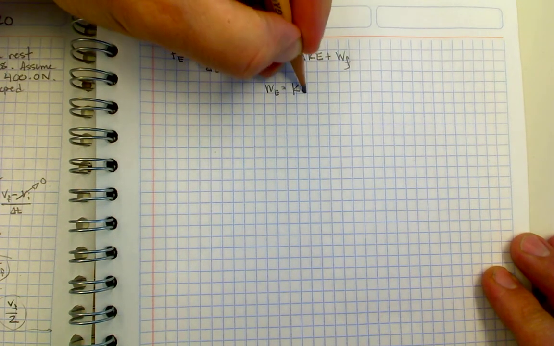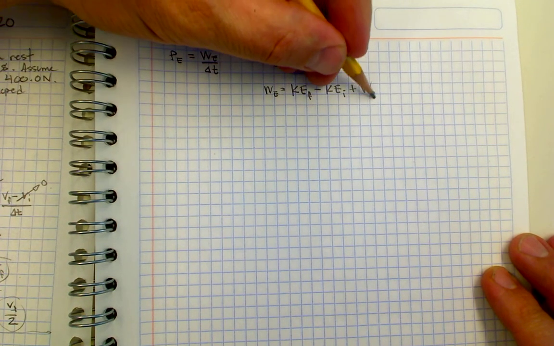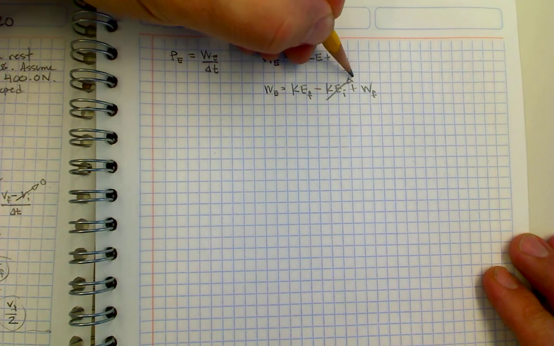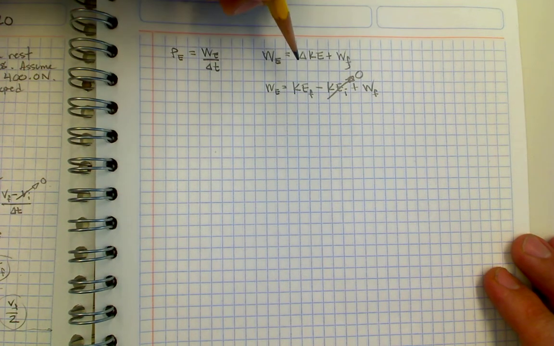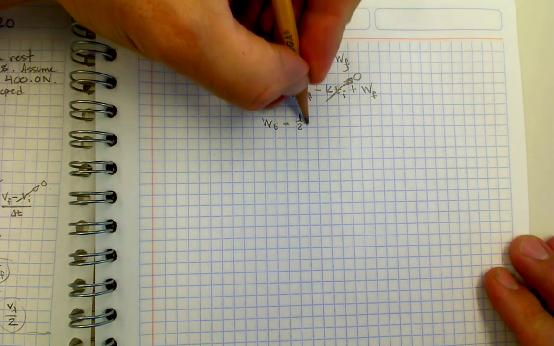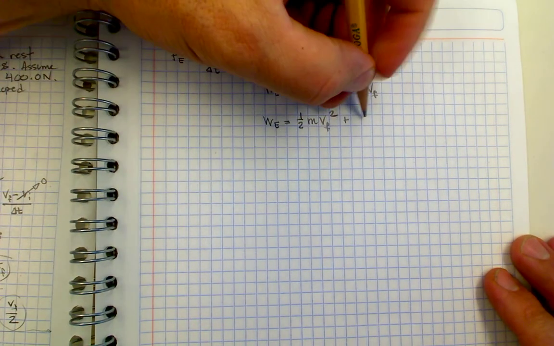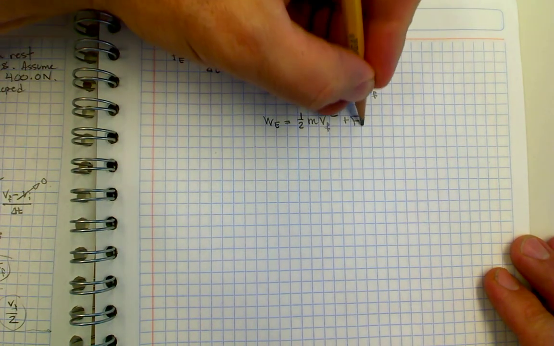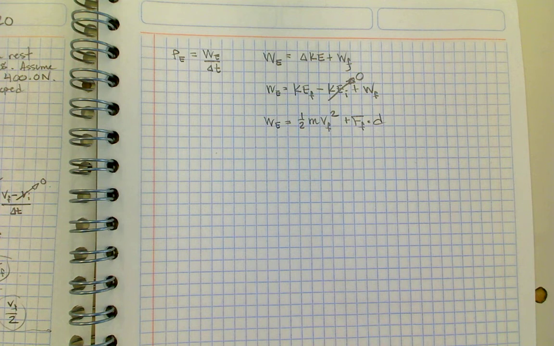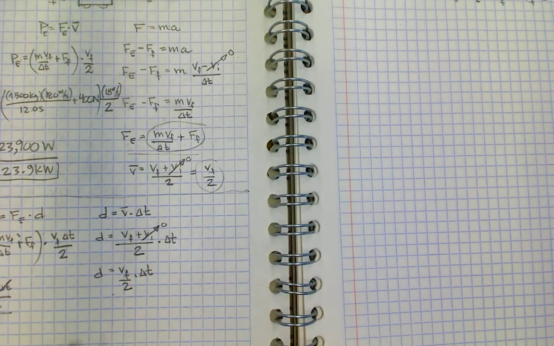So let's expand that a little bit. It's going to be the final kinetic energy minus the initial kinetic energy plus the work done against friction. And again, this is just 0 because the initial speed is 0. So I get the work that the engine does is 1/2 mv final squared, the final kinetic energy of the car, plus the work done against the force of friction, which is F sub F times D. So if you go back, we know what D is.